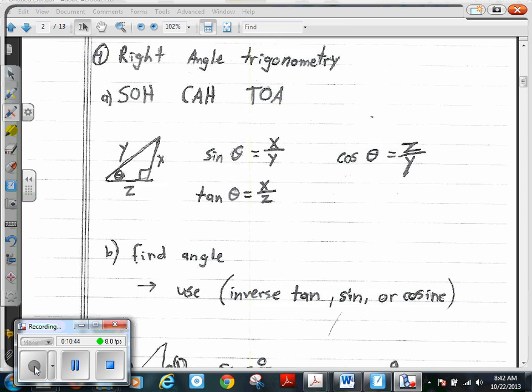And while you're doing that, I also want you to find inverse tangent, sine, or cosine. It might be a button like this, or it might be like this, and there's probably another way to do that. It's probably a second function, because we're going to use that to go in reverse to find the angle. I'm going to show you examples on how to do all this stuff. But first, check your calculators, make sure you find that.